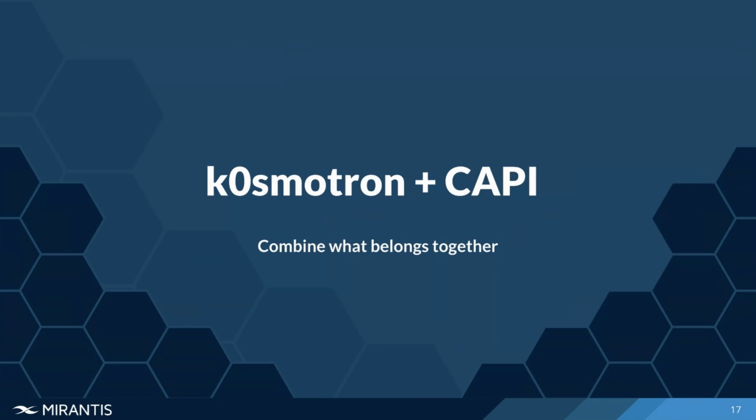So how can we mix them now? We have k0smotron. We have this central management solution that moves your control plane nodes into pods. And we have the ClusterAPI, also often named CAPI, to deploy at once by leveraging Kubernetes objects as many Kubernetes clusters as we want.